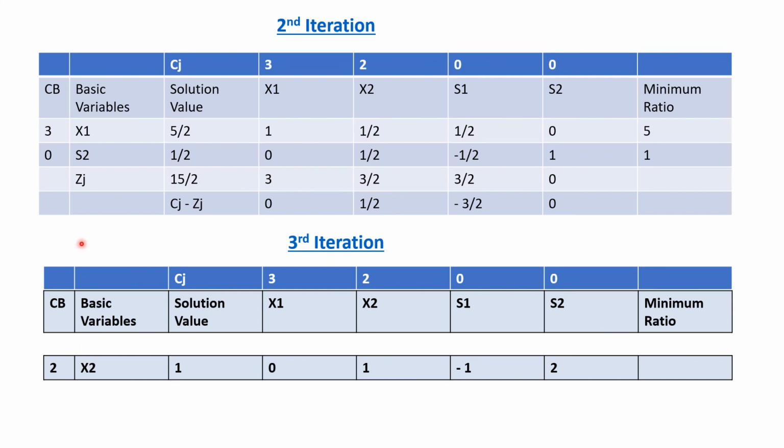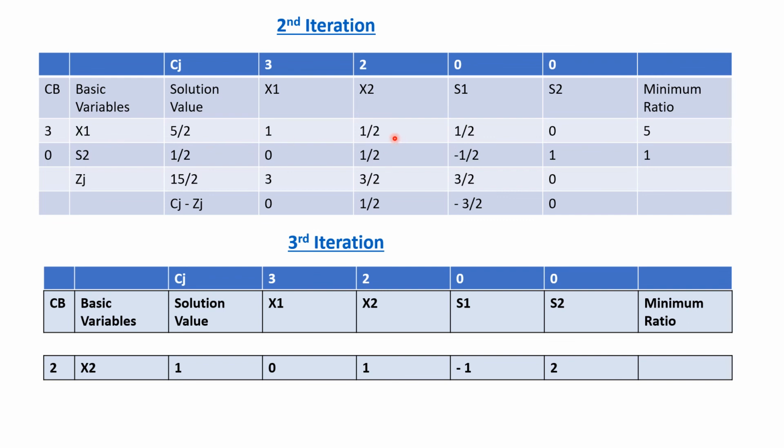Once we get these elements, next is we have to get the elements of x1 row. Now my key element is half, so in the key element column corresponding to x1 row, again there is a half. So half is the multiplier for the x1 row.